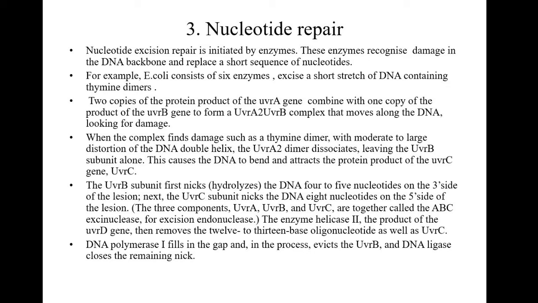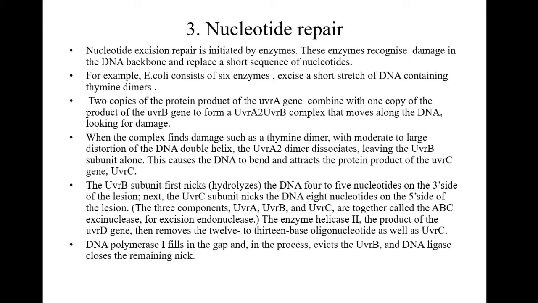Due to this, the UVRB subunit is alone, so it causes a bend in the DNA and attracts the protein product of the UVRC gene. Then the UVRB subunit first nicks the DNA, 4 to 5 nucleotides at the 3' site of the lesion.